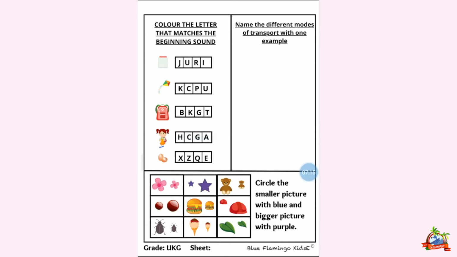Q for queen. Q U double E N, queen. R for rabbit. R A double B I T, rabbit.